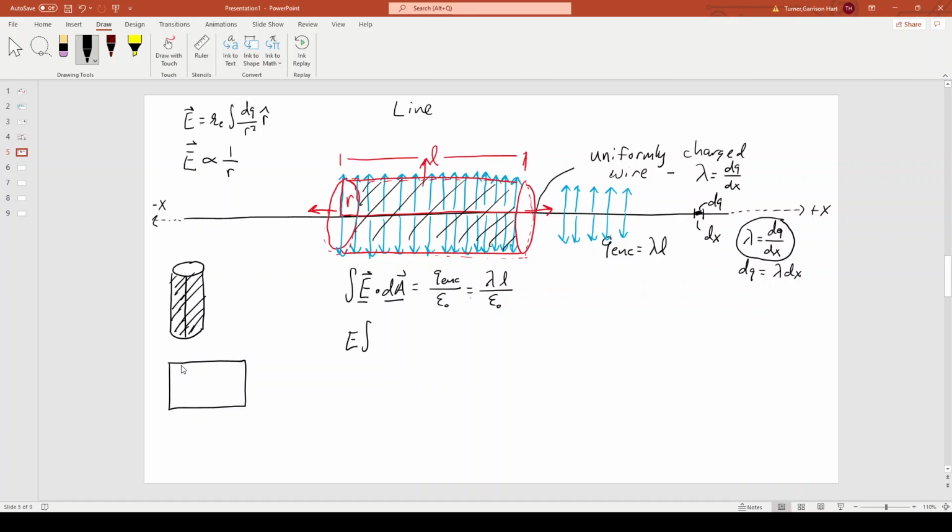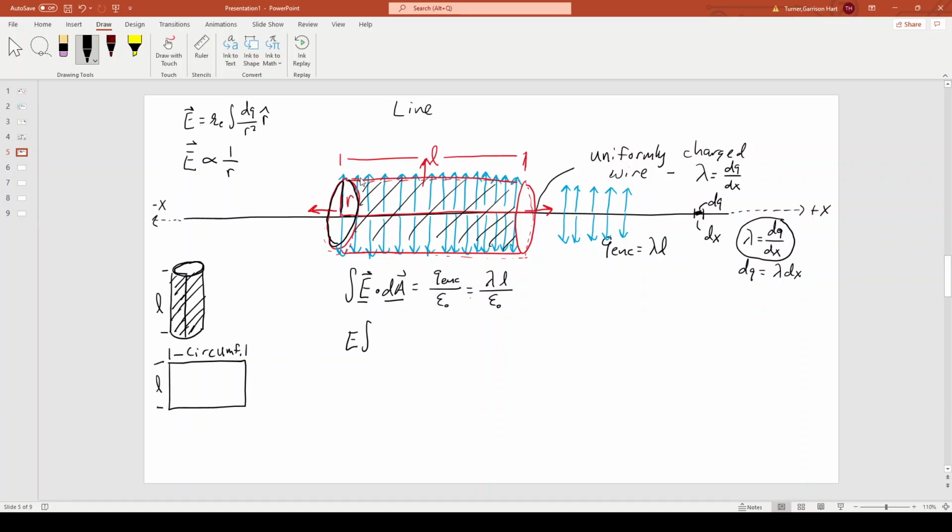And what is that surface area? Well, this length is going to be L. And the distance around the circumference, when unfolded, is going to be this distance here. So this is the circumference. Okay? So if my radius is r, then the circumference is going to be 2 pi r.